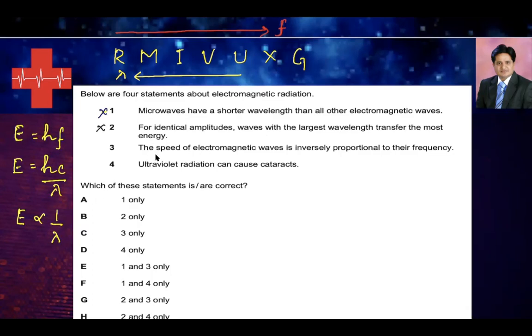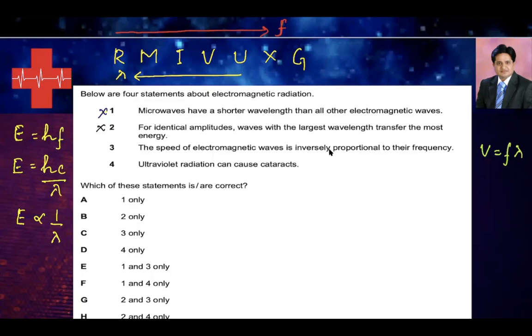So according to physics, the second statement is wrong as well. Third statement, the speed of electromagnetic waves is inversely proportional to their frequency. Let's look at the formula for speed. Velocity is frequency times wavelength.